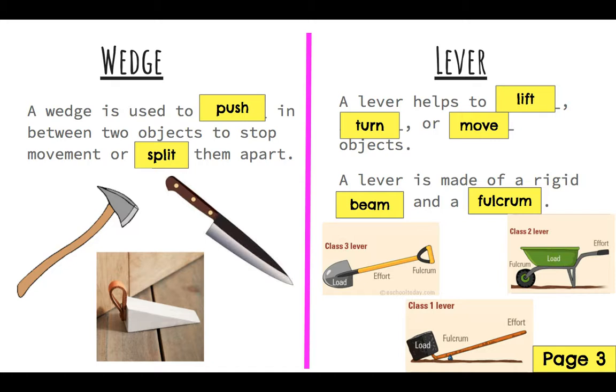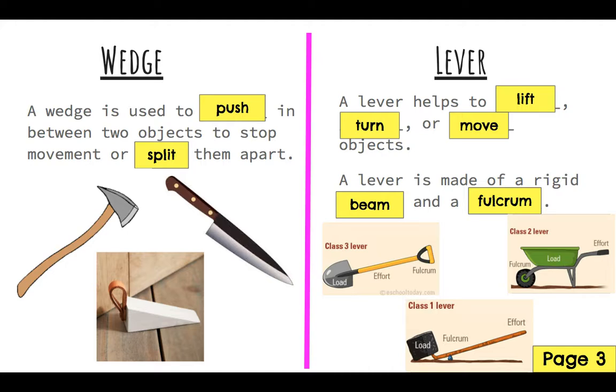Or something that beam can move on. And a fulcrum, all a fulcrum is, is a point where the beam can move, can rotate. So on a spade or a shovel, like you see, the fulcrum is actually where your hand is.